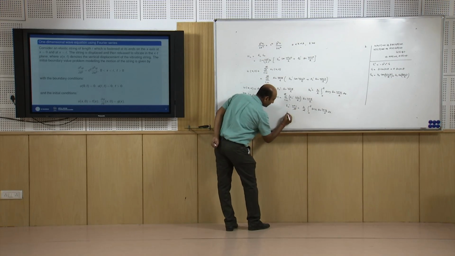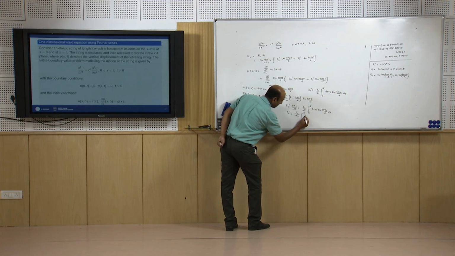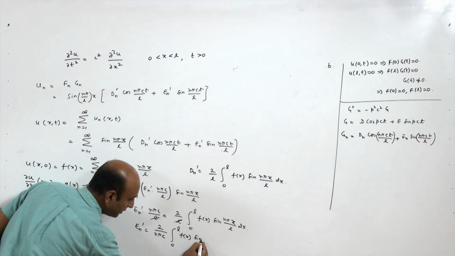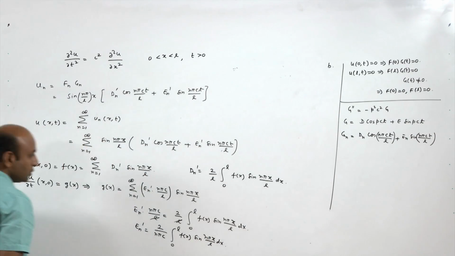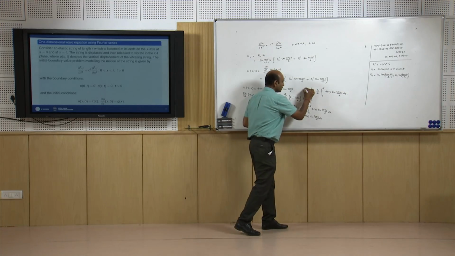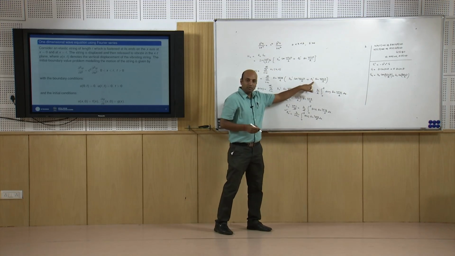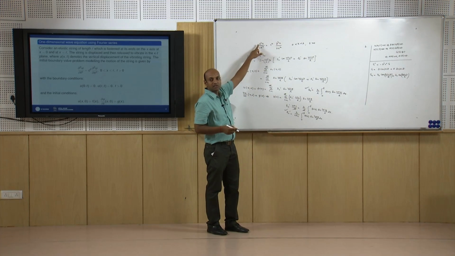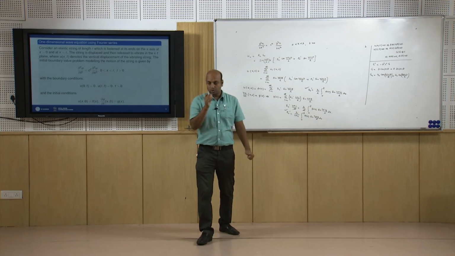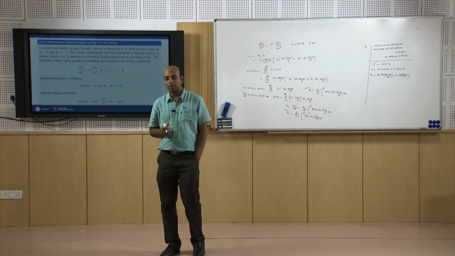So, from here E n dash will be nothing but 2 upon n pi c integral 0 to L f x sine n pi x by L into dx. So, these are the values of dn dash and En dash, which when substituted here you will get back u x t, which is the solution of this partial differential equation. So, hence using Fourier series we can solve such type of problems.